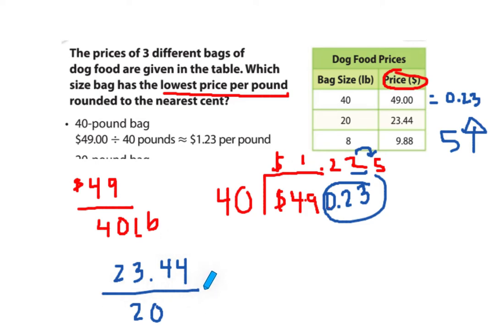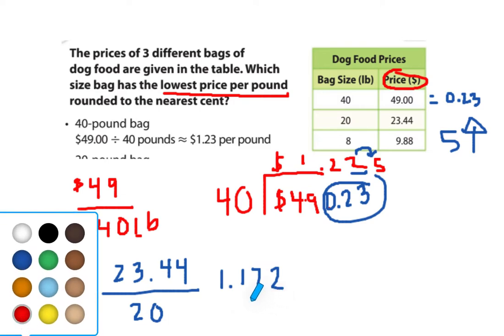Now hit division sign and the number 20. You should get, go ahead, you're doing this in your notebook, everybody, 1.172.